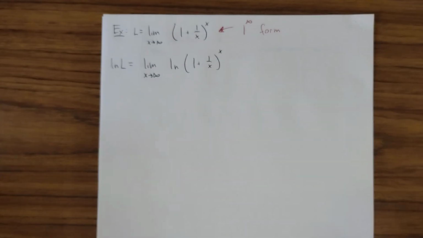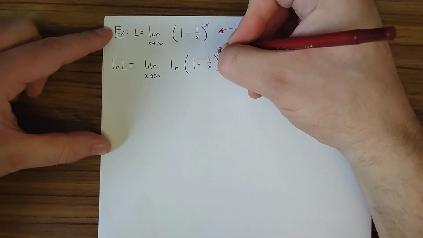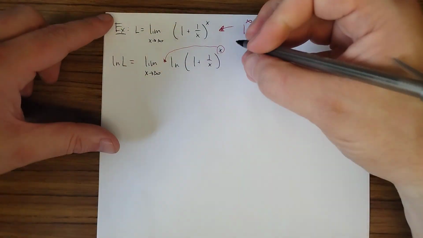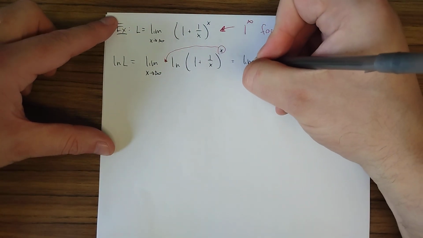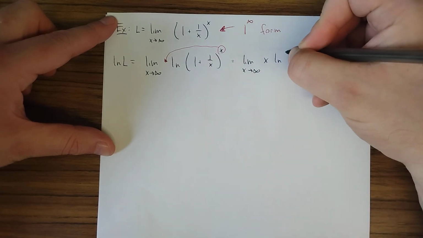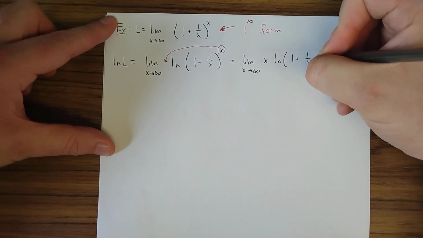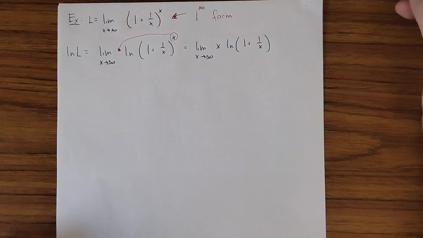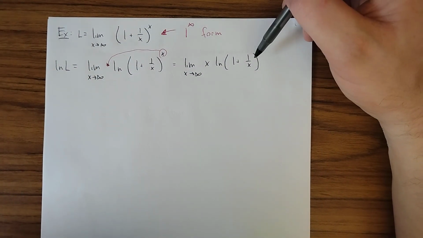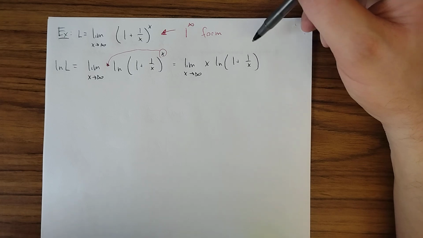So it's like that. This comes down. So we're there. Okay. The result should be a 0 times infinity form.